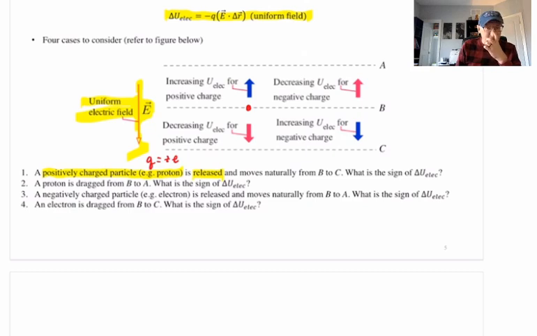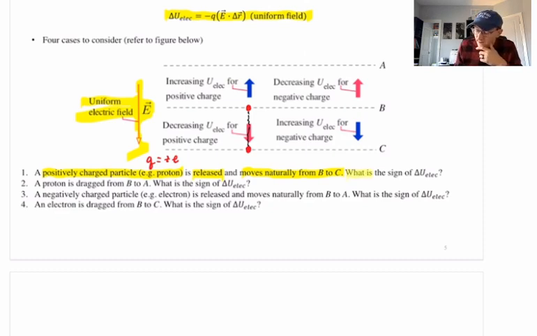Look at the direction of E. What's the direction of F electric on our proton? Did you say down? Same direction as E, because the proton is positively charged. So when I let go, the proton will move naturally from B to C, this way, and end up passing through point C. But I'm just going to look at B to C.